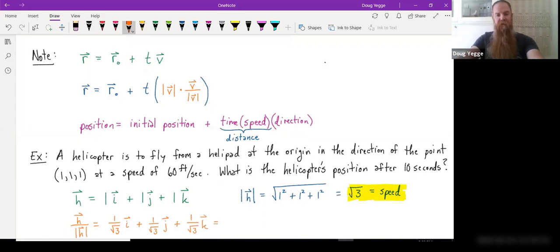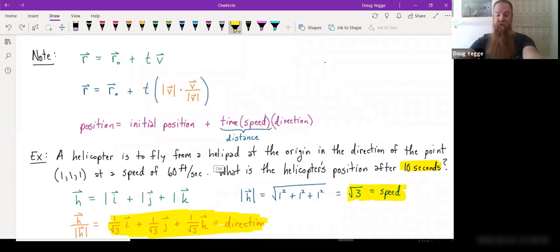Now we have the legitimate direction because the direction by definition should be a unit vector. So we now have our direction, we have our speed, and we also have the amount of time that we're traveling, 10 seconds. So the only thing that's missing is the initial position.